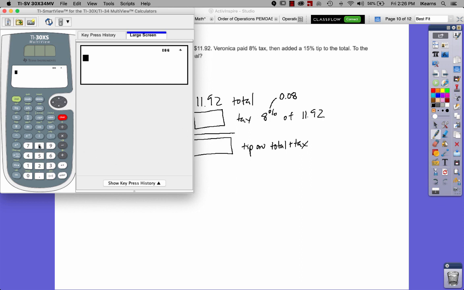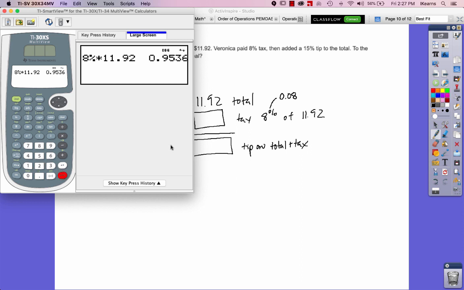So if you see 8 and you type in second, and this button right there is the percent button. This is the calculator that you can use on the GED, and there's a percent button. You can see the percent symbol there. Of means multiply, so we're going to find 8% of $11.92.